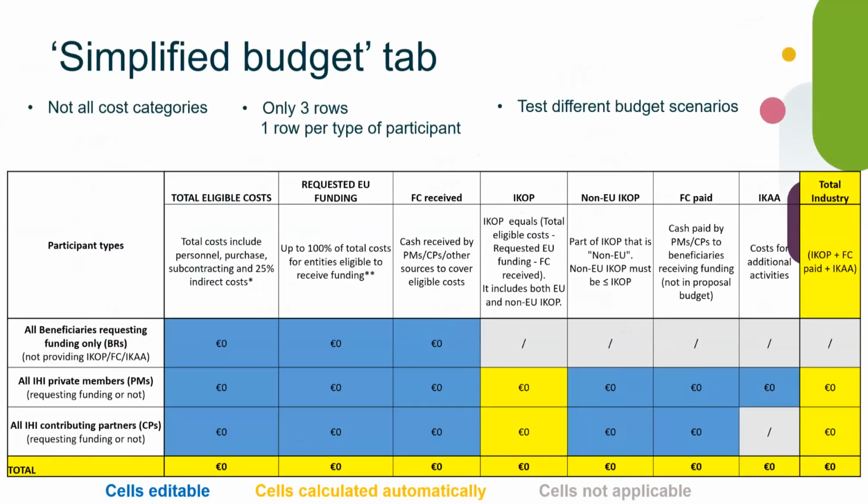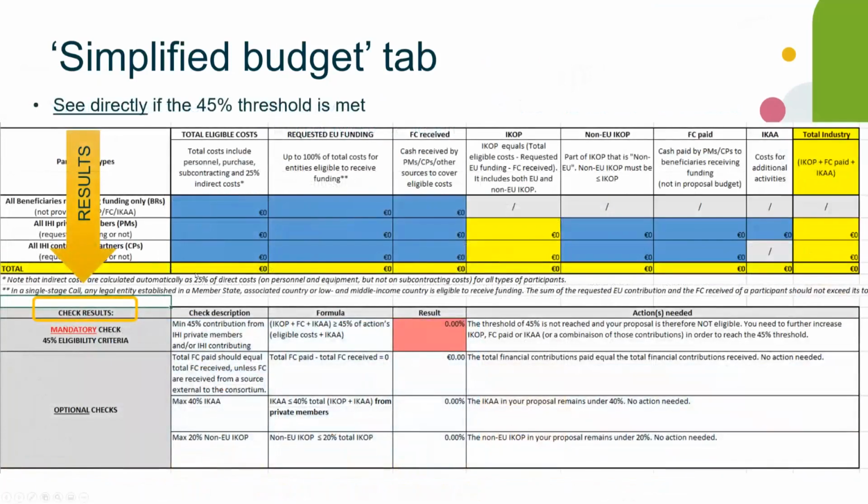You can use that tool to test different scenarios, and the idea is to see immediately, on the same tab, the results from the different values you have entered in your budget. So directly you can see if you reach the 45% threshold or not.